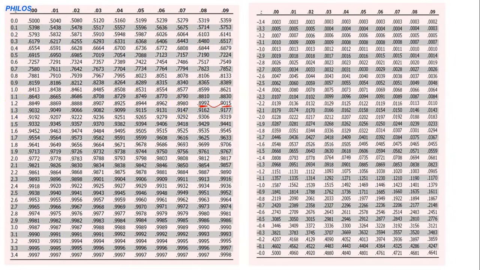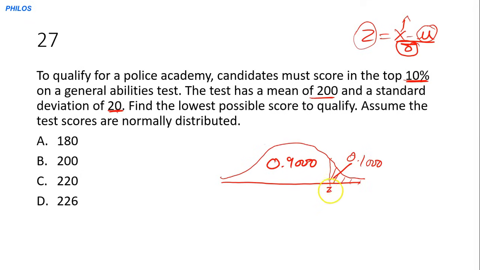You check at the top here, 1.28, and this will also be 1.29. Okay, so 1.28 plus 1.29 divided by 2 will give you 1.285. So we've gotten the z-score to be 1.285.